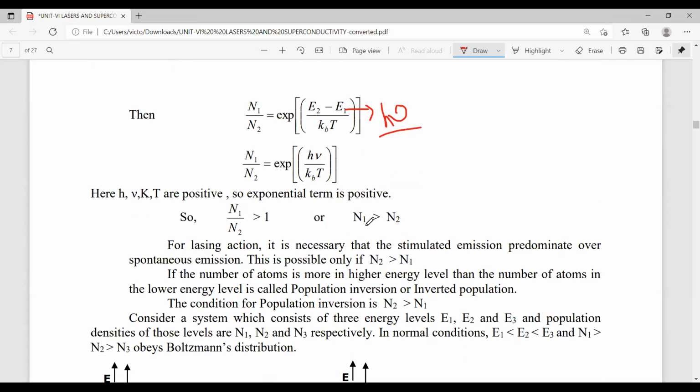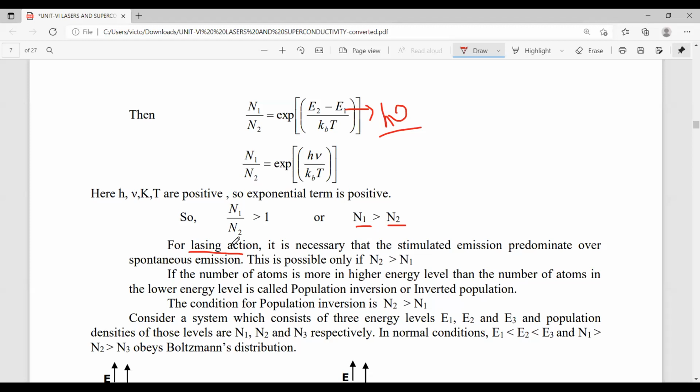Generally, the atoms at the lower energy level are more as compared with the higher energy level. That means in general population, population meaning how many atoms are present, N1 is greater than N2. So what is the lasing action purpose?